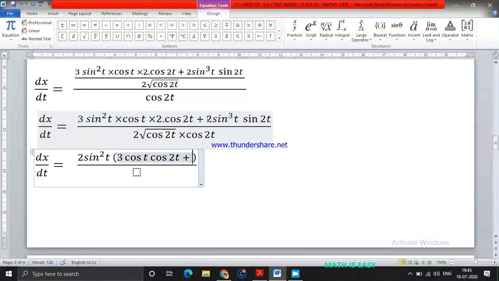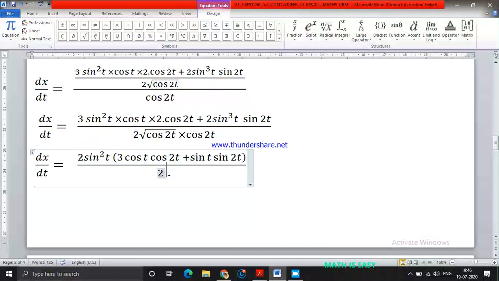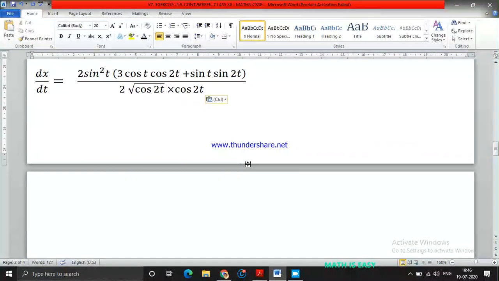Plus here 2 is taken out, sin square means 1 sin will be left out, sin t into sin 2t upon 2 into something. Or if you want, keep it as it is, no need to simplify. So this is what you get. If you want further simplification, maybe 2 will get cancelled, rest all the terms will remain as is.